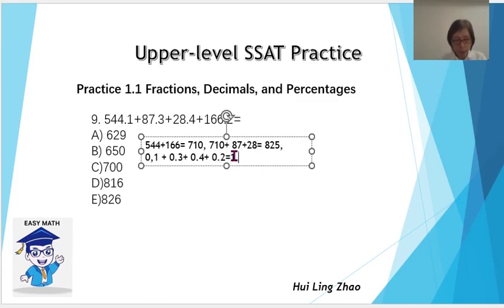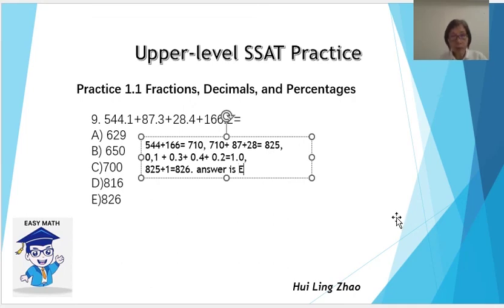And that equals 1.0, right? So we can use 825 plus 1 equals 826, correct? So we can see the answer is E, right? Answer is E.